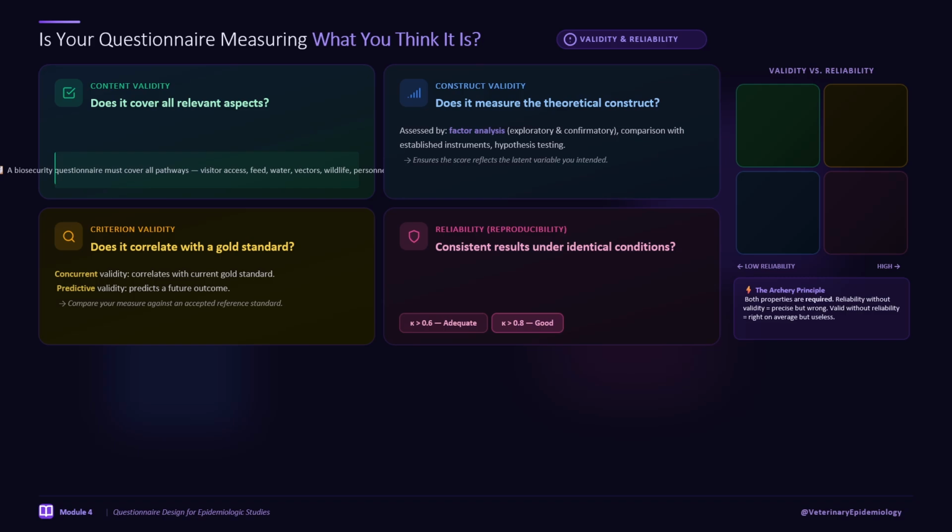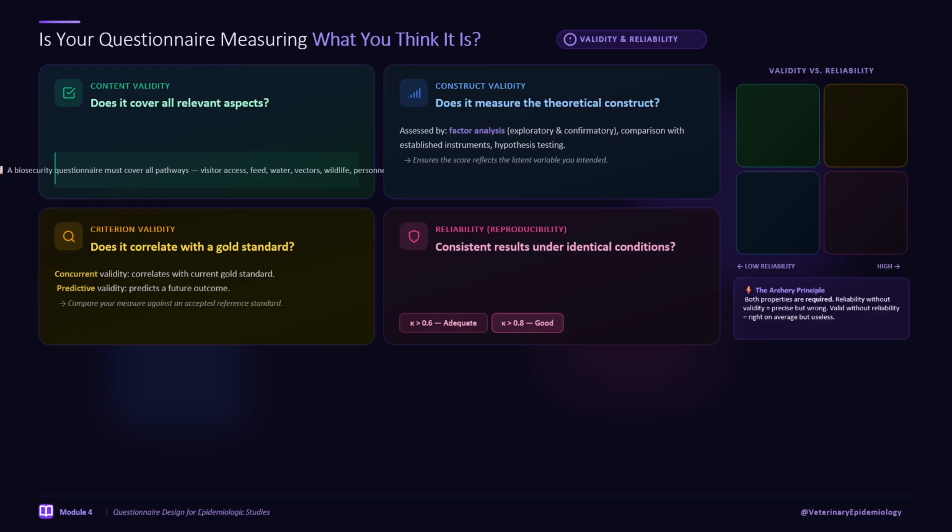Start with validity. Face validity is the most basic. Does the instrument look right to experts and respondents? Content validity goes deeper. Does it cover every relevant dimension of the construct? A biosecurity instrument must ask about visitor access, feed, water, vectors, wildlife, and personnel hygiene. Miss a pathway and you undermine content validity.